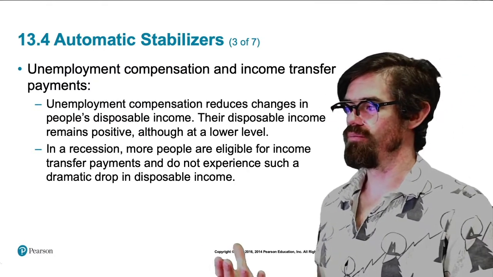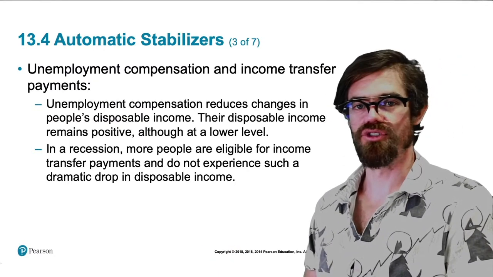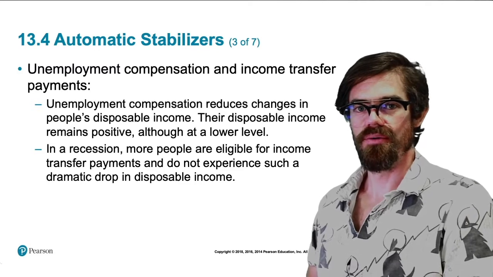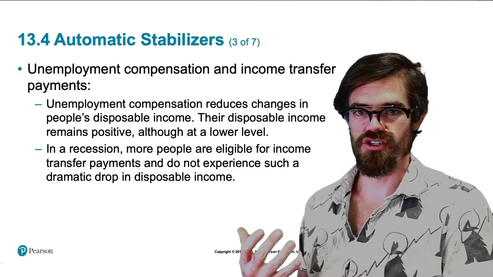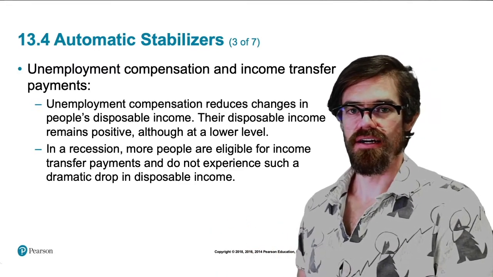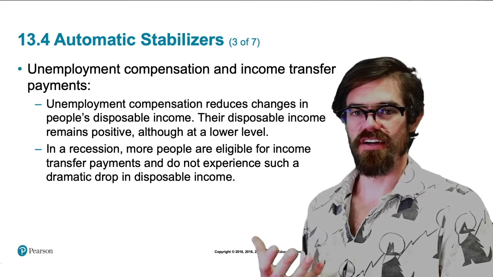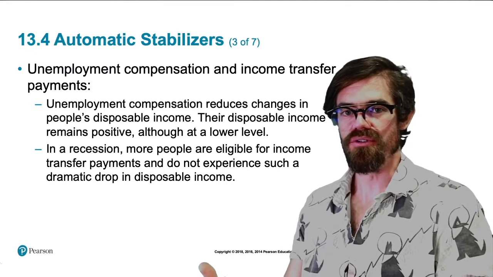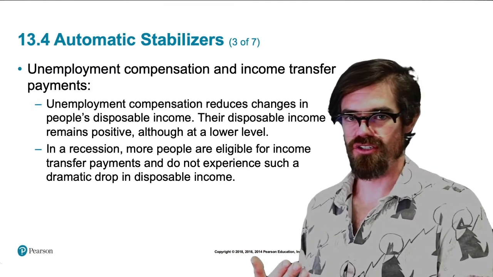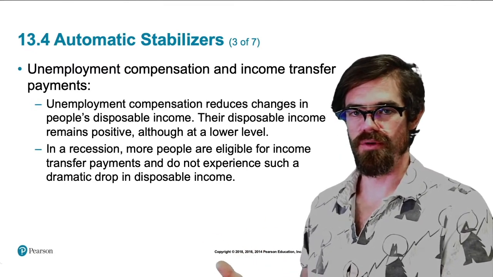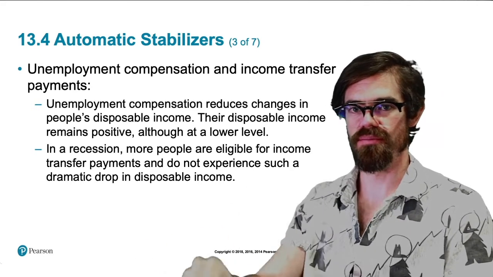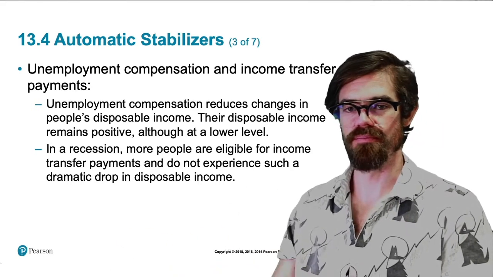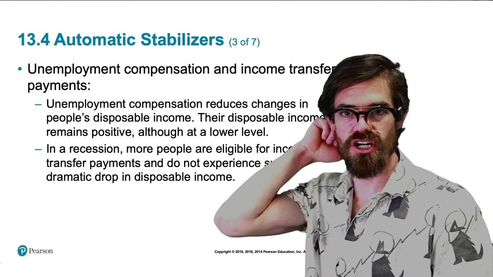Same thing with unemployment compensation and income transfer payments. So our unemployment insurance system has this automatic stabilizing effect as well. When we start to go into a recession, people start to lose their jobs, and when they lose their jobs, they become eligible for unemployment, which is income transfer payments from the government to help them get by as they look for other jobs.